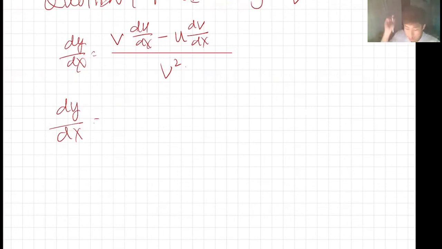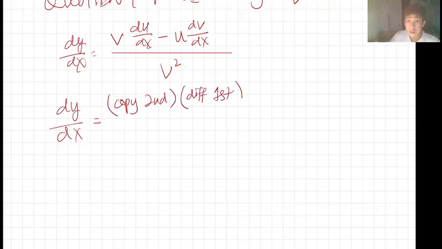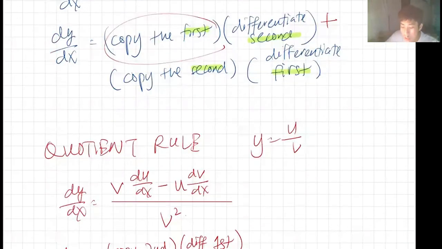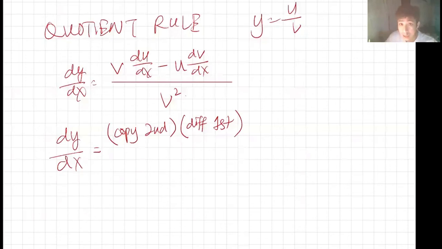Sorry. Okay, first you copy the second, then you times with differentiate the first. You see, I start with copying the second first. On top, for product rule, we copy the first one first, but this one, we have to copy the second first.